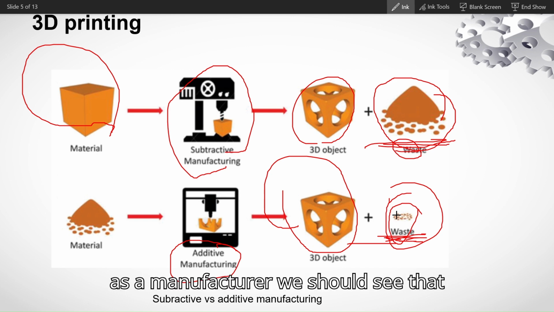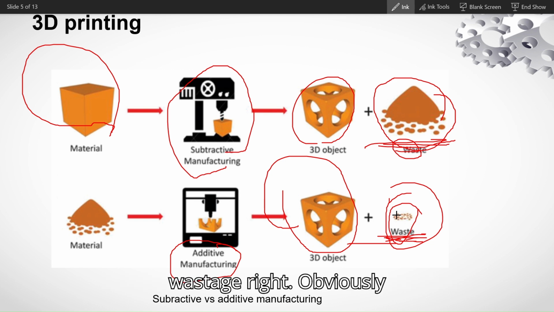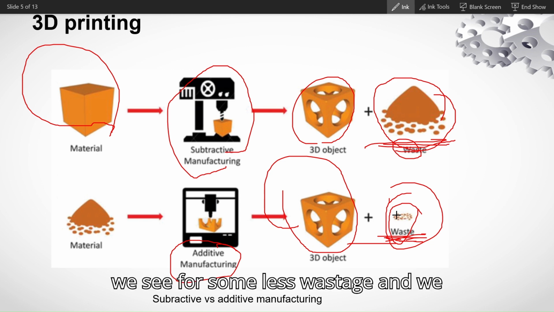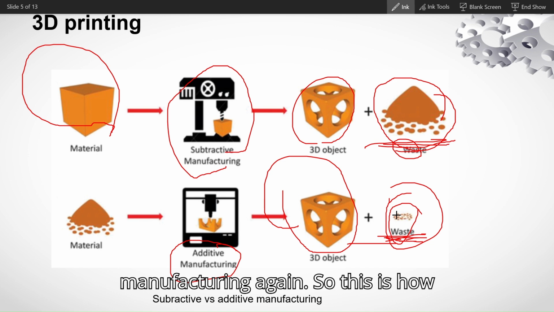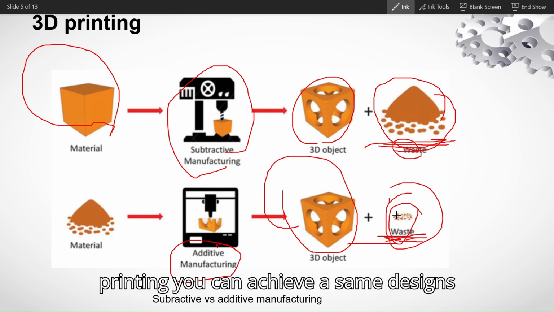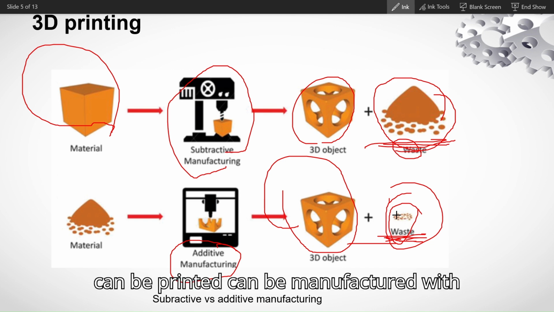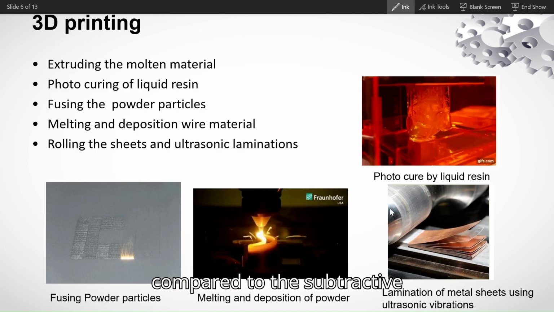As a manufacturer, we should want less wastage while achieving the same design. So this is the good advantage of 3D printing: the same designs can be printed and manufactured with less wastage compared to subtractive manufacturing.